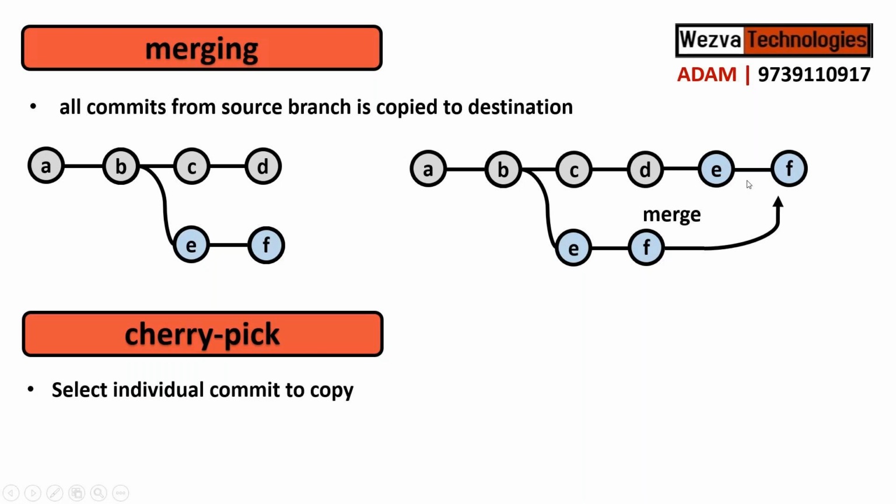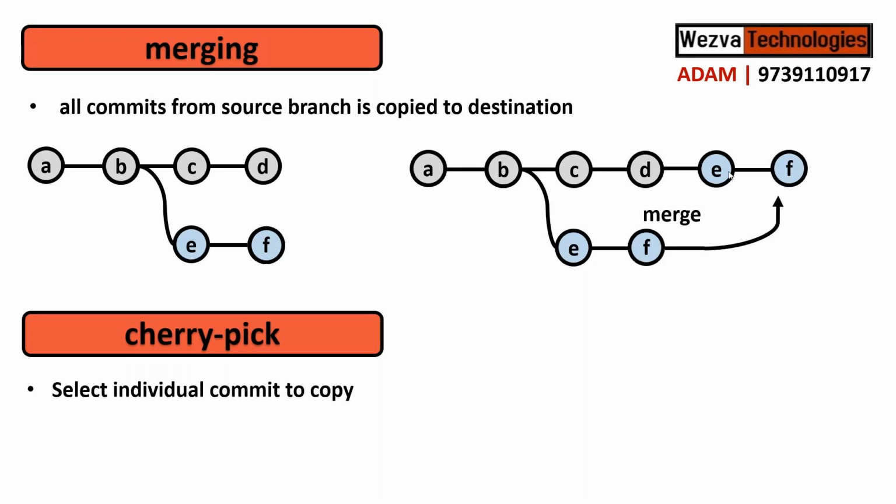But let's assume you are working on a test branch in your local repo and you have committed many changes, and you don't want all the commit IDs to be merged.